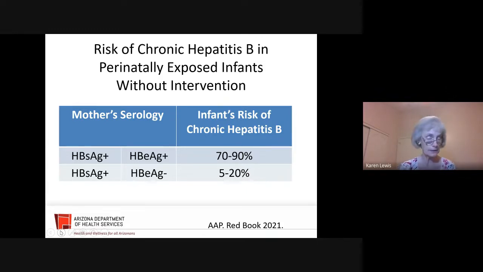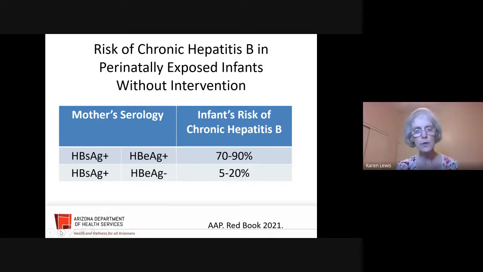If they're both surface antigen positive and e antigen positive, the child's risk of developing chronic hepatitis B is 70 to 90%. If the mother is just surface antigen positive, the child can still get infected, but the risk is lower, 5 to 20%.